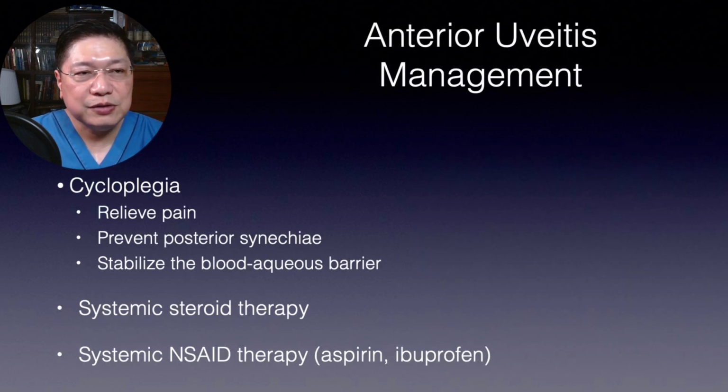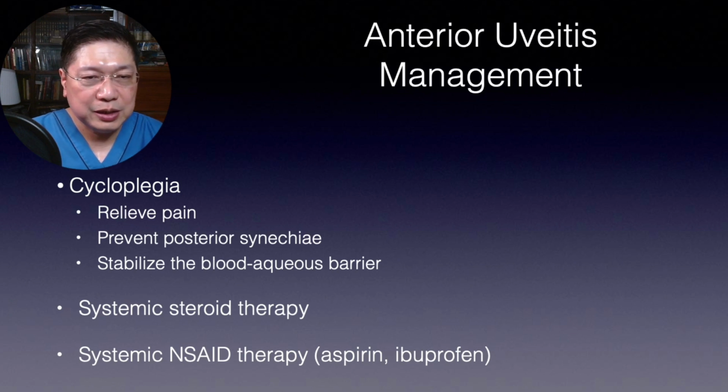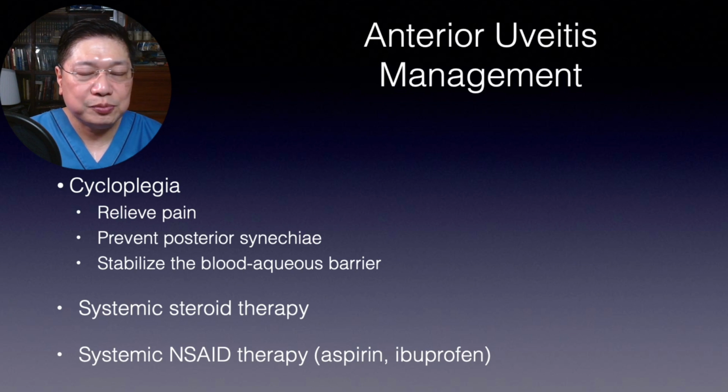We also need to relieve pain by giving them eye drops to create cycloplegia. So not just relief of pain, but we're now preventing the iris from attaching itself to the lens. So we dilate the patient with cycloplegics, not just a dilator but a cycloplegic, which is different.